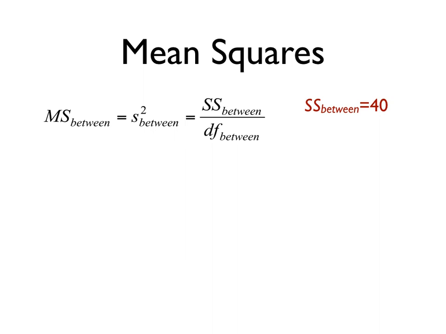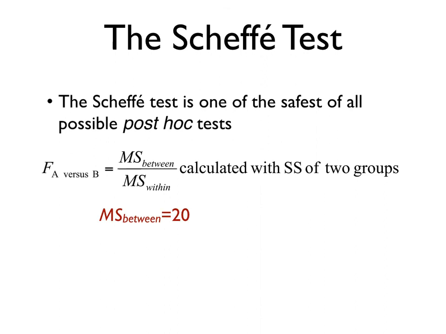Our old degrees of freedom between that we used before was 2. So we take 40 and divide it by 2 and we get 20. So our mean squared between is going to be 20. That's what we have here. We're going to use our mean squared between and our previously calculated mean squared within. So 20 divided by 5.33 is equal to 3.75.